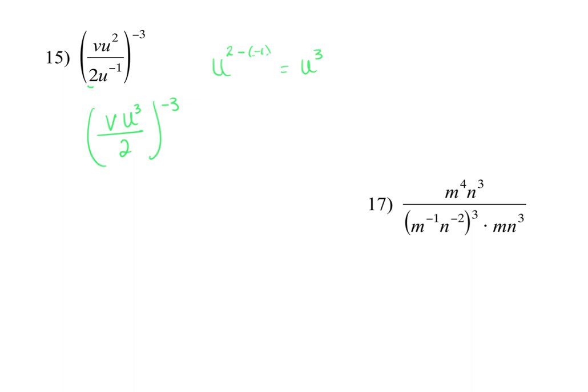Okay? So now I'm going to look at raising everything to that negative 3rd power. So I'm going to say v to that negative 3rd power, u cubed to that negative 3rd power, and 2 to that negative third power. All right, let's see what that does. v to the negative 3, where is that going to go? It's going to go on the bottom to the third power. 3 times negative 3 is negative 9. So where is that u going to go?